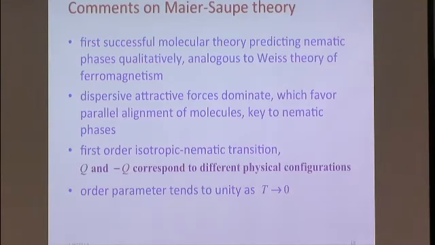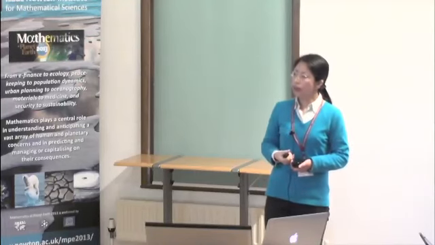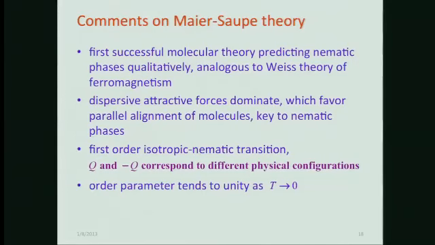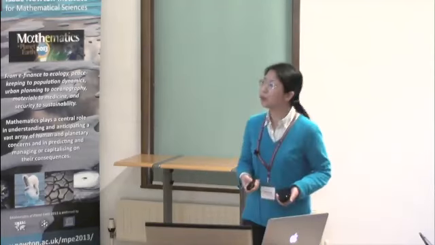qualitatively. It is totally analogous to the Weiss theory of ferromagnetism. Dispersive attractive force dominates, which favors parallel alignment of molecules, which is the key to the nematic phase. It predicts the first order isotropic-nematic transition basically because Q and negative Q correspond to different physical configurations. And also the order parameter S tends to unity as T approaches 0.